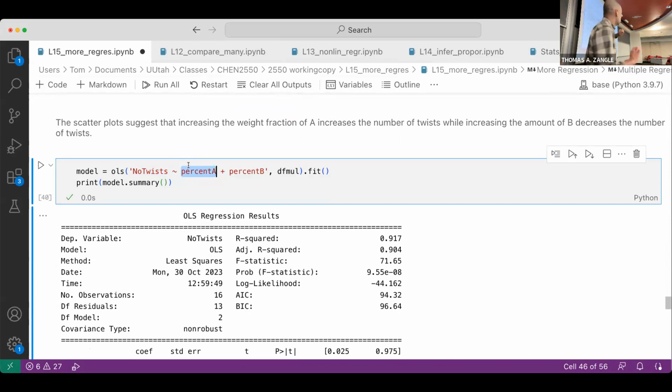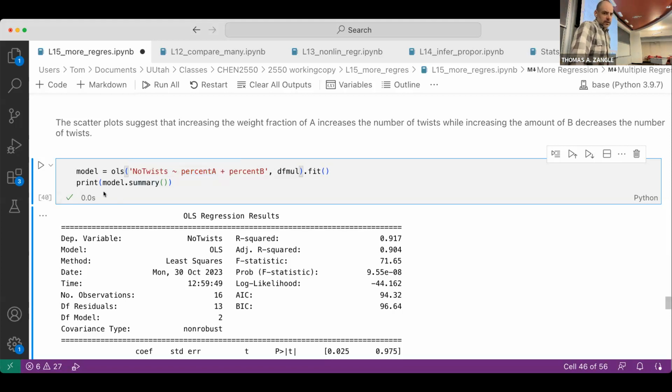There we had our output Y as a function of our input X plus XX, which is where we put X squared. Here we have percent A plus percent B as the two parameters that we're going to be fitting against. So they're two different variables instead of just a square of the input variable, but it's more or less the same syntax for input to the OLS model.